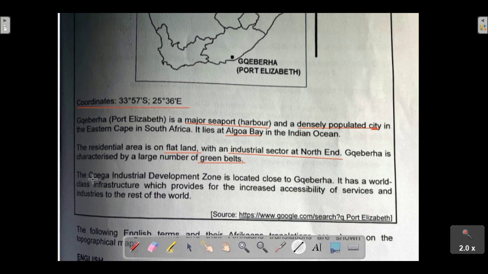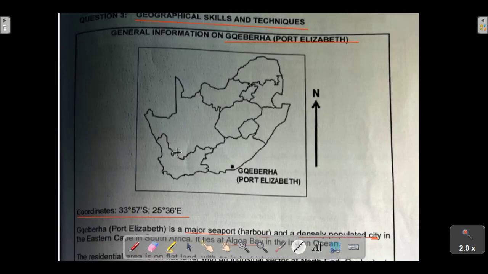We are of course done with the question concerning the Kruger IDZ. If you haven't watched that video, I will leave it in the description. It has world-class infrastructure which provides for the increased accessibility of services and industries to the rest of the world. So that is the extract on Gqeberha.